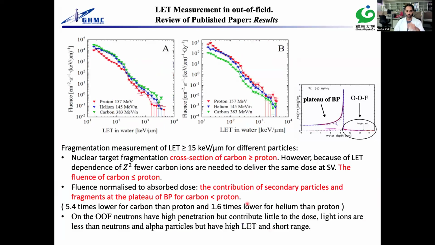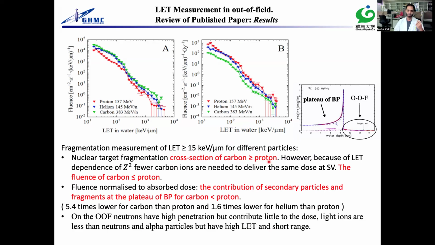Also, in the same paper, they did the same for different particles and measured high LET above 15 keV per micrometer for different particles. The nuclear target fragmentation cross-section of carbons is higher than protons, which means carbon ions have a higher probability of causing fragmentation, so secondary particles are produced more by carbons than protons.